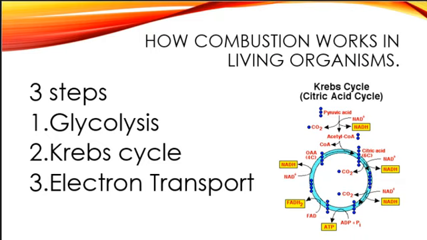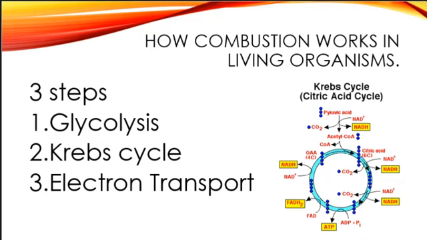Okay, now here comes the hard part of the module. It's about the process of combustion in our bodies called respiration. So who can tell me the photosynthesis reaction? Who's got it?